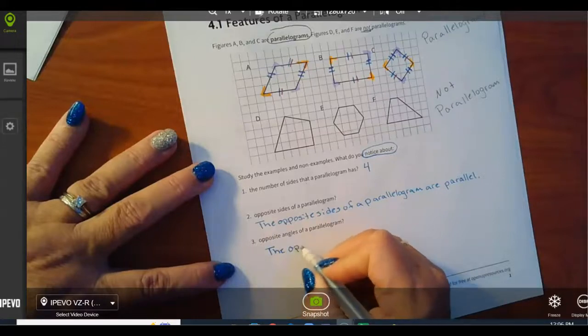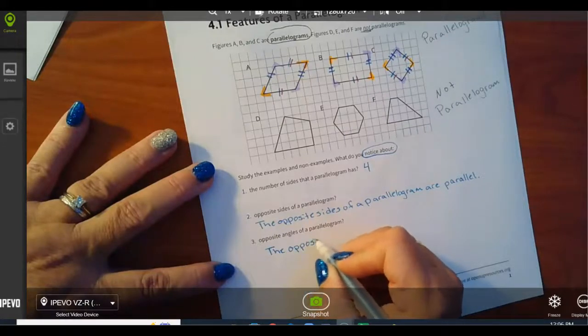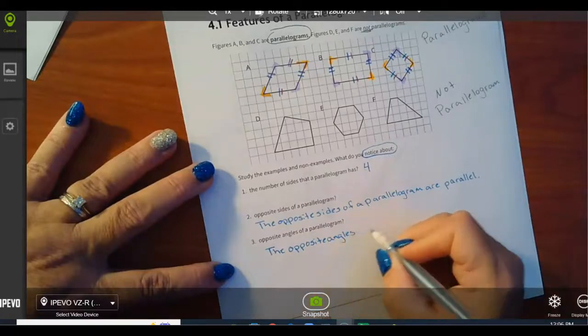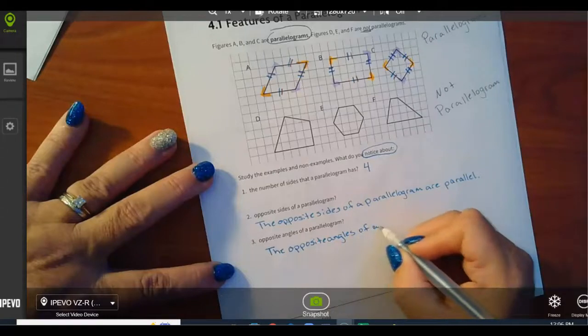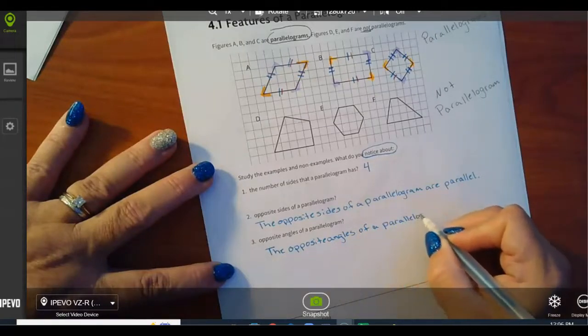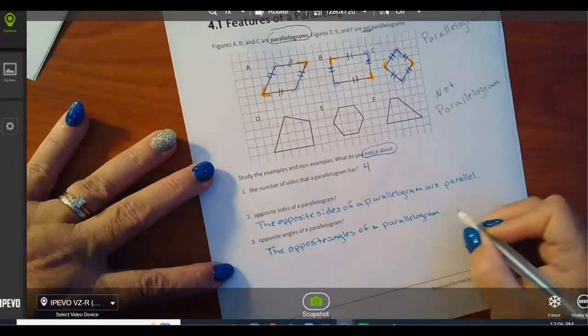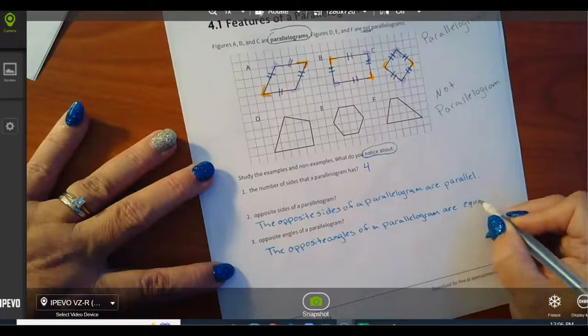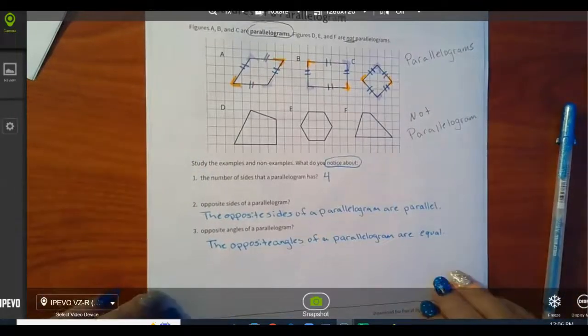The opposite angles of a parallelogram are equal. And hopefully that is what you put as our answer.